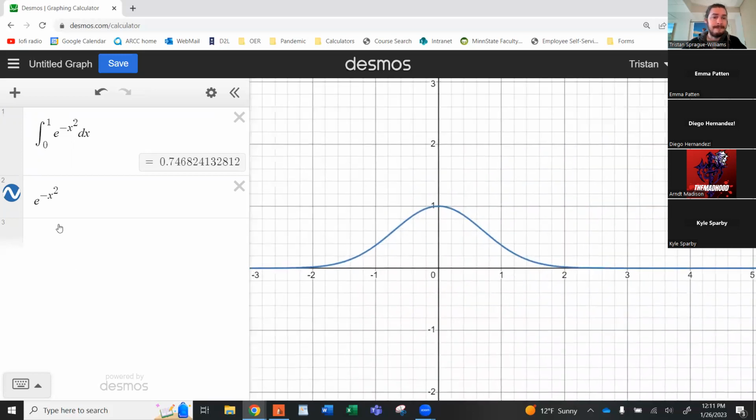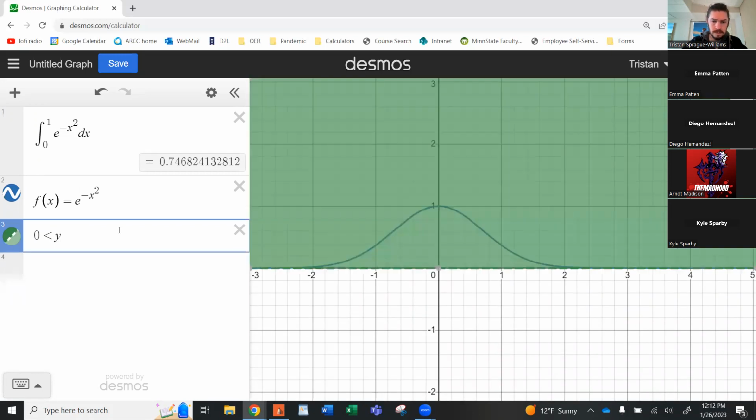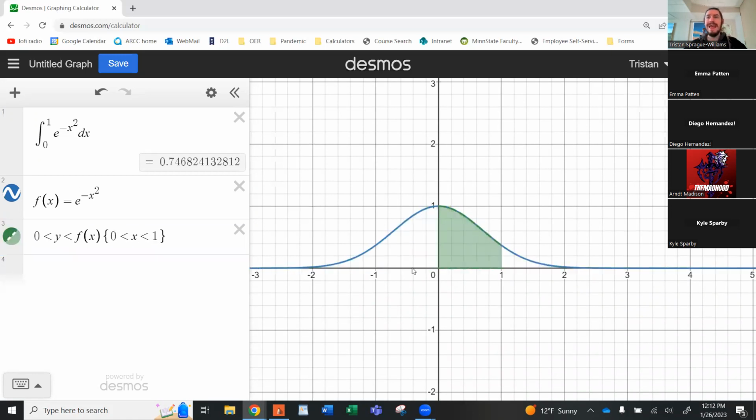So like that shaded region there, the area of that region is the probability of the random variable being between 0 and 1.